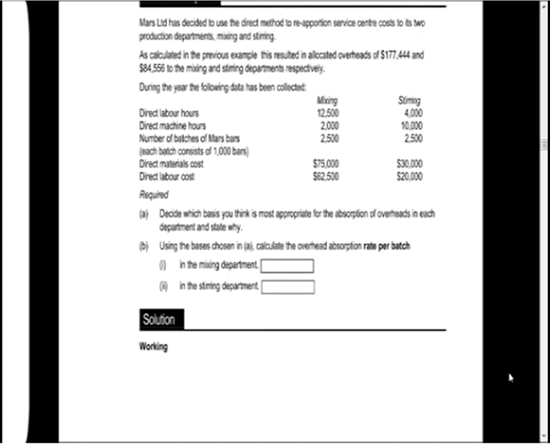Step 3 is going to be demonstrated here in lecture example 4, Mars. We've used the direct method to reapportion service centre costs to the production departments.